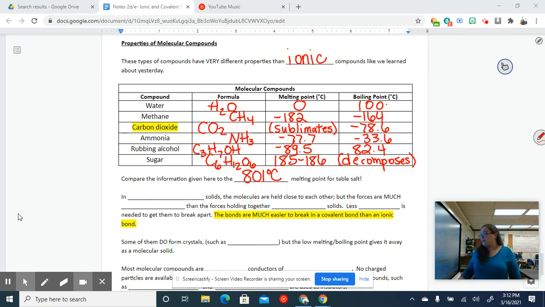No. So in molecular solids, the molecules are held close to each other, but the forces are much, much weaker than the forces holding together ionic solids. So way less energy is needed to break the bonds. Because those bonds are easier to break in a covalent bond than in an ionic bond, the boiling point on ionic bonds is stupid high, but the boiling point in a covalent bond is fairly low.